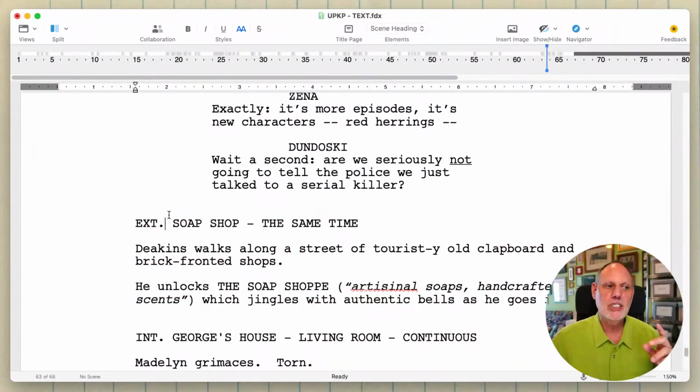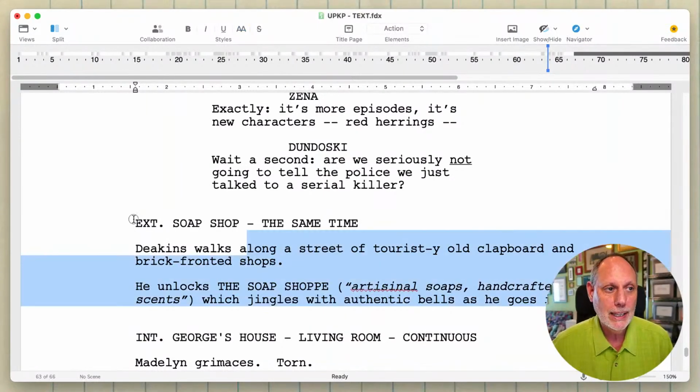The reason I decided to break that up is because if you're intercutting, if you have a conversation going, these people are sitting there talking about the case, and then we cut away to somebody walking down the street, and then to the interior of the place, it's going to feel to the audience like we are starting a new scene. This was an establishing shot, and now we're going inside.